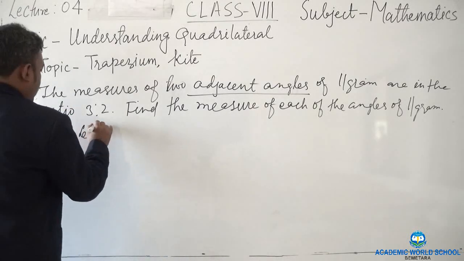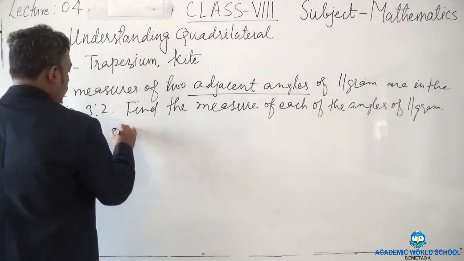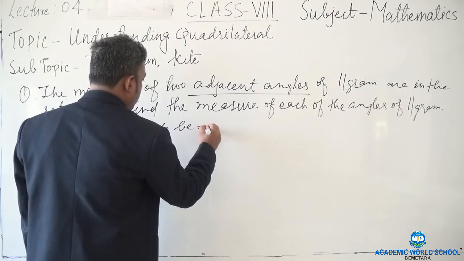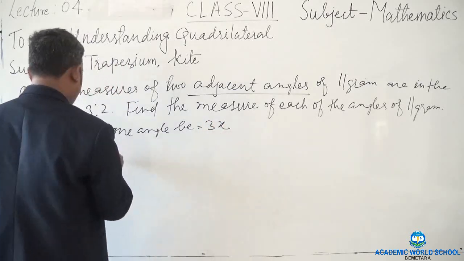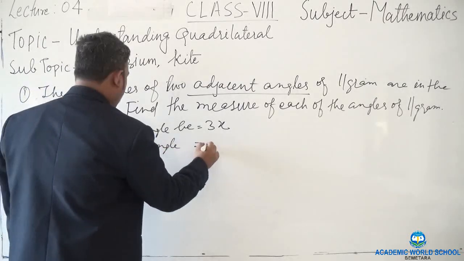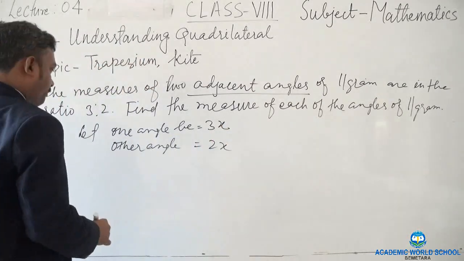So let one angle be 3x, then the other angle will be 2x.